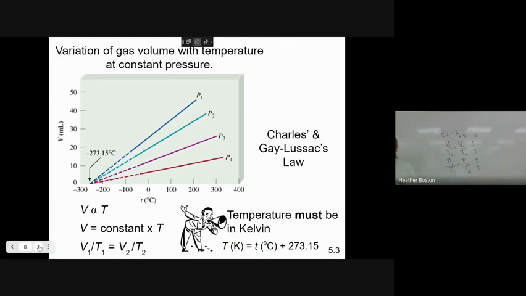So let's talk real quick why it has to be in Kelvin. That's because in Kelvin, 0 is absolute 0. You see in these formulas, you guys know what happens when you try to divide by a 0, don't you? It becomes undefined. And really, since temperature is the measure of the speed of a molecule, it doesn't make sense to have a temperature of 0.